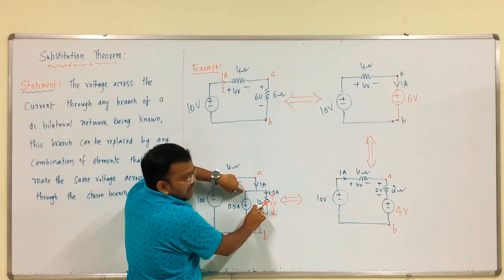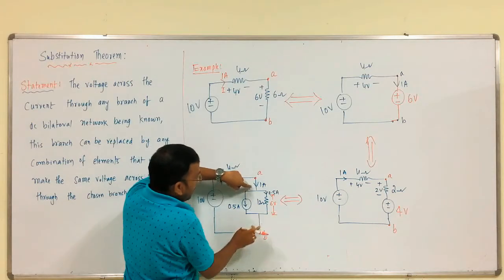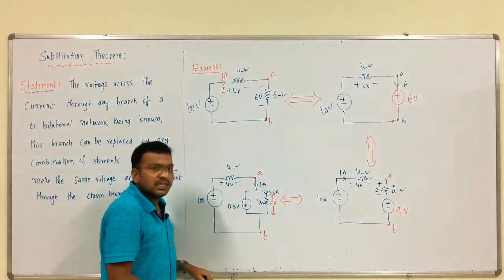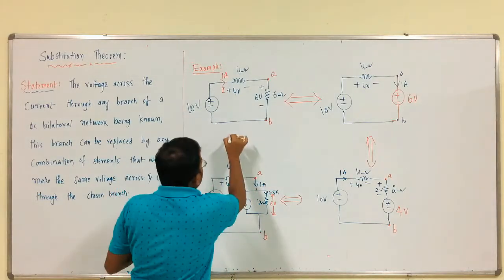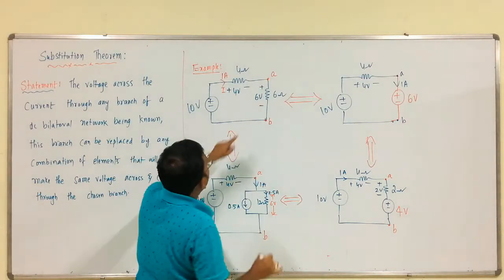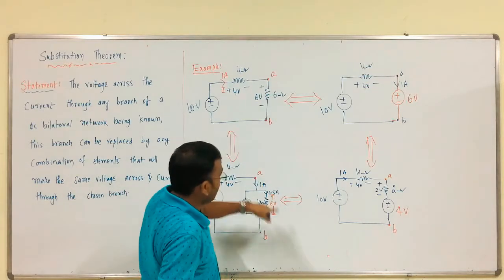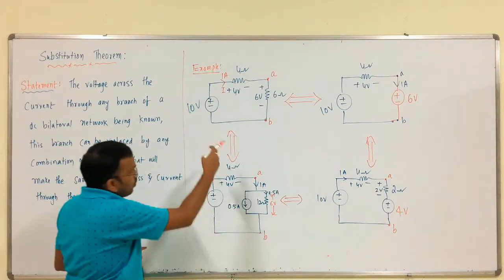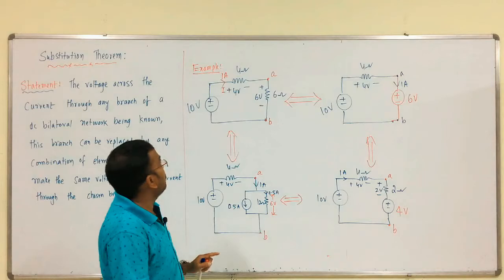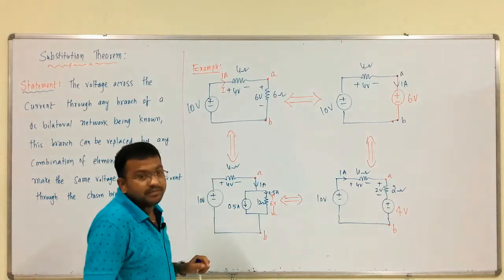Therefore, what is the equivalent resistance? 12 into 12, 144 by 24, 6 ohms, right, 6 into 1, 6 volts. In any case we will get the same voltage across this branch AB. These 4 are the equivalent circuits for this circuit.